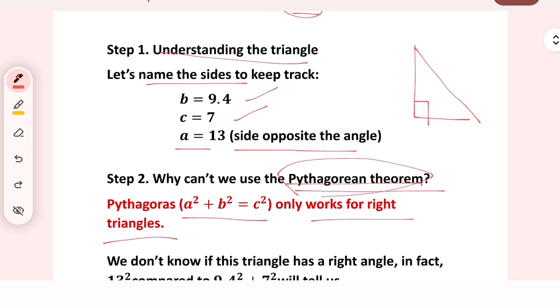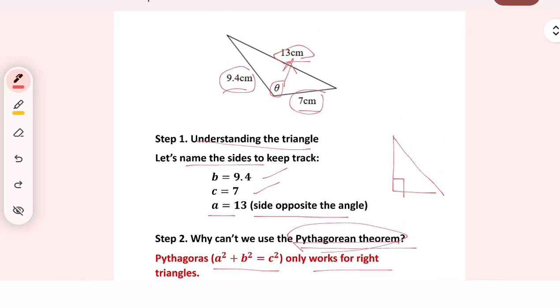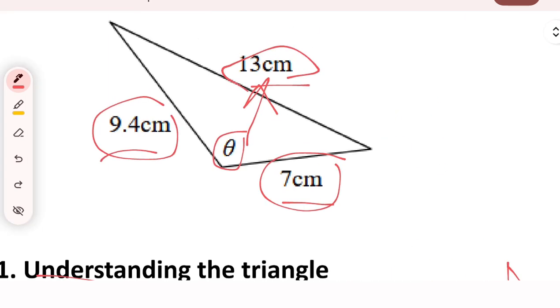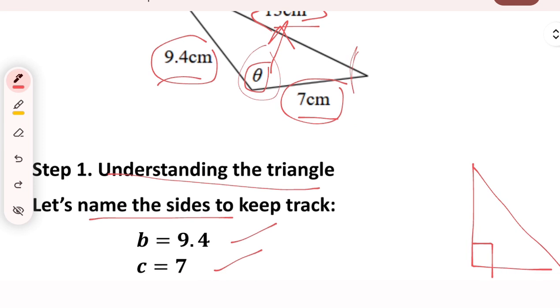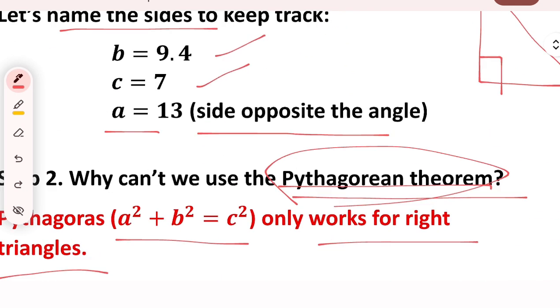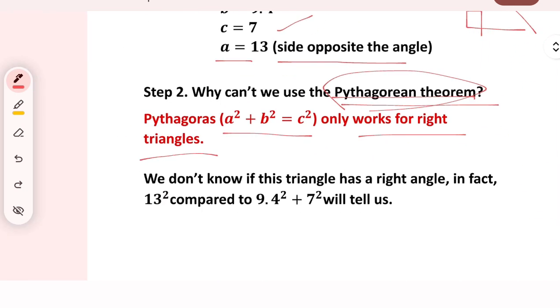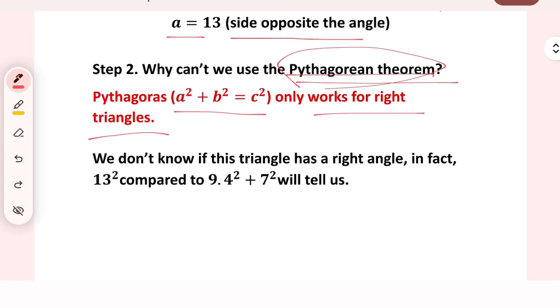But in other triangles where it is not 90 degrees, then you cannot use the Pythagorean theorem. In this case, none of those angles is 90 degrees. This is not 90. This is not 90. And I don't think this is 90 either. So none of the angles is actually 90, so you cannot use the Pythagorean theorem.